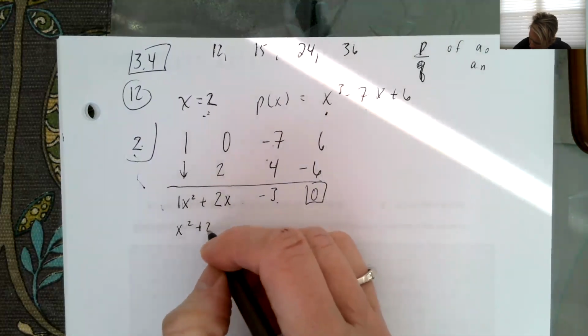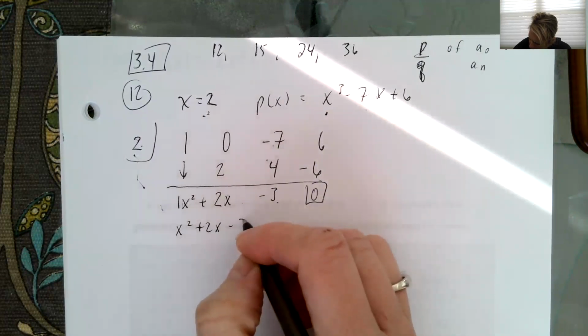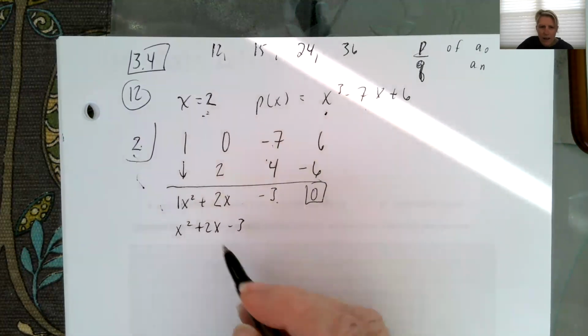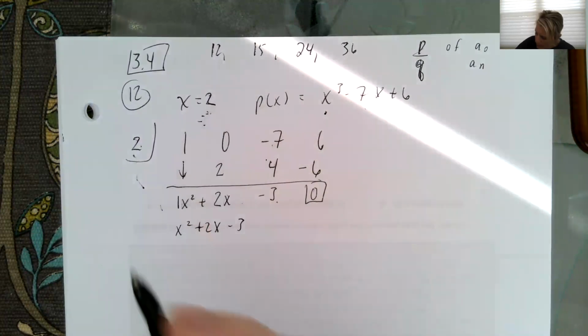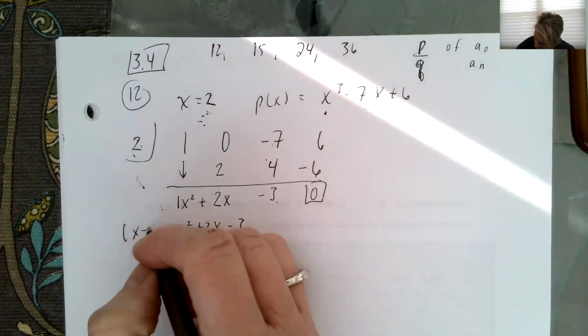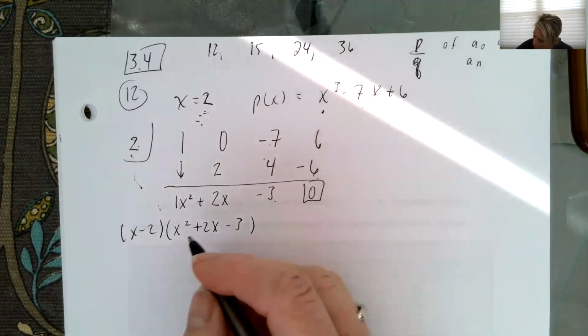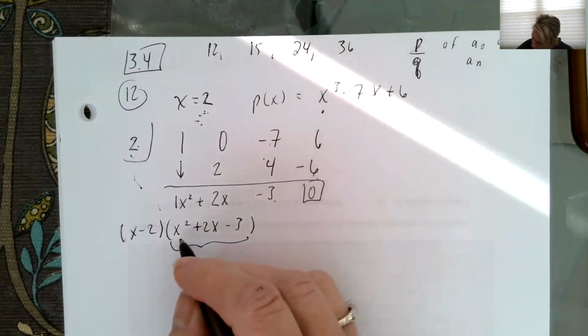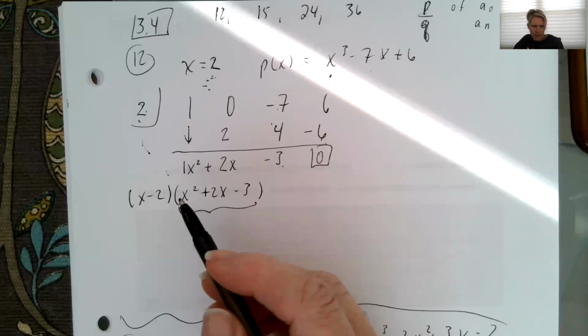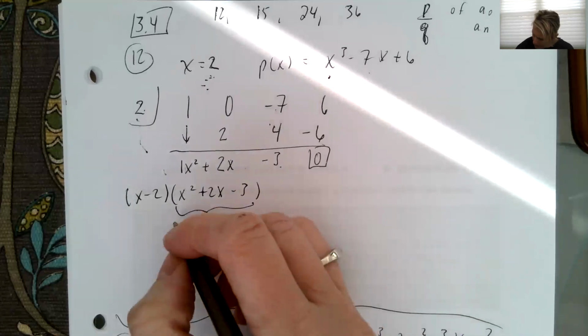So I'm just going to write it as this. And then we have our x equal to 2, which means that x minus 2 was the other factor. And then we can actually factor this further because we know that this x squared can possibly be factored.